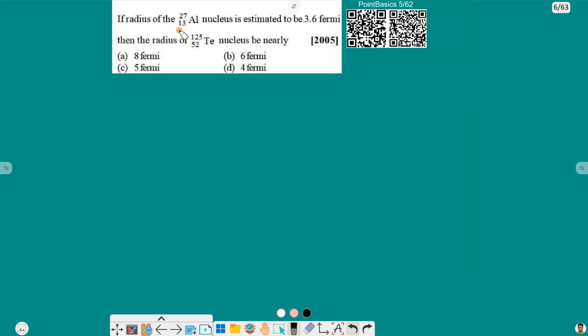Now if the radius of the aluminum-27 nucleus is 3.6 Fermi, that of the tellurium-125 nucleus will be nearly? So using the formula that R is equal to R naught times A raised to power 1 by 3, we can write R1 by R2 will be equal to A1 by A2 raised to power 1 by 3. Now assume the first one is aluminium.